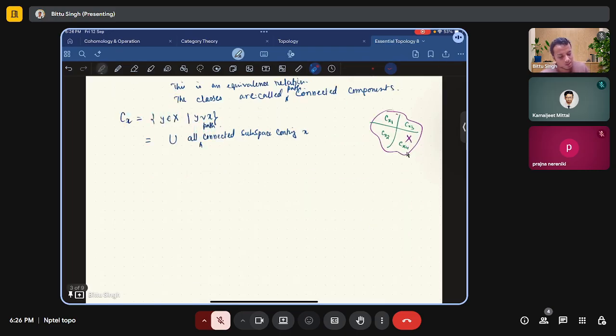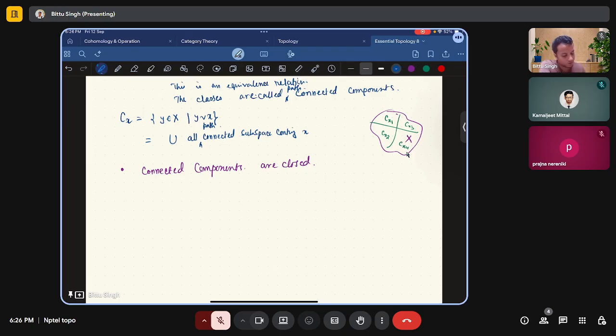So some properties are like this. One important property is that connected components are closed. What is the meaning of that? Why is this true?